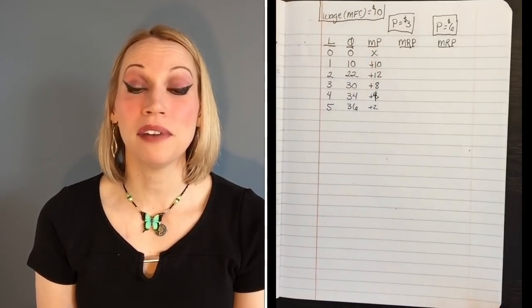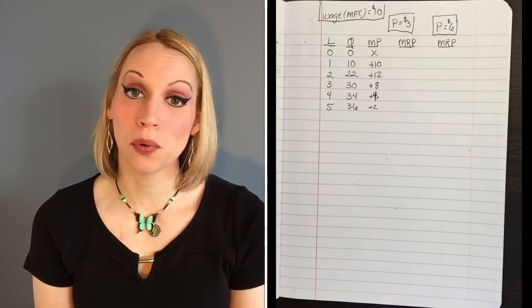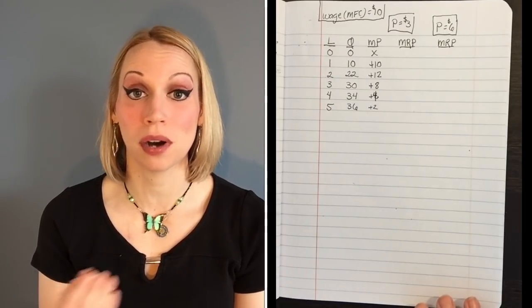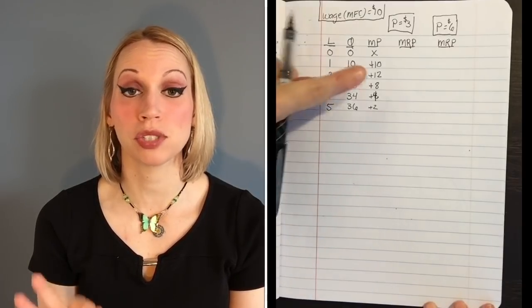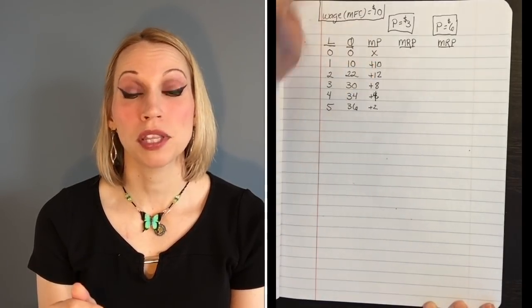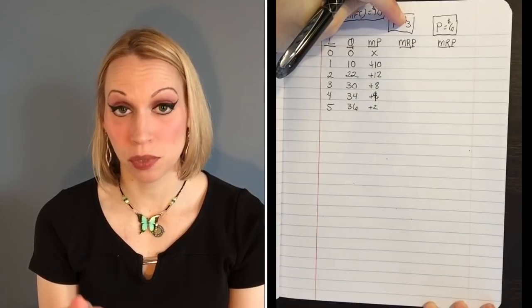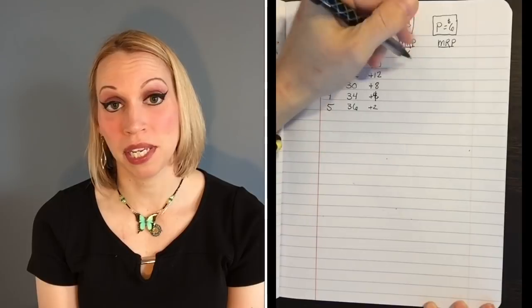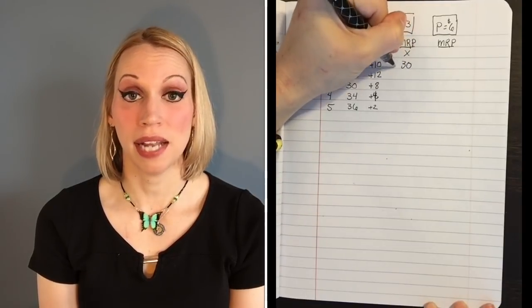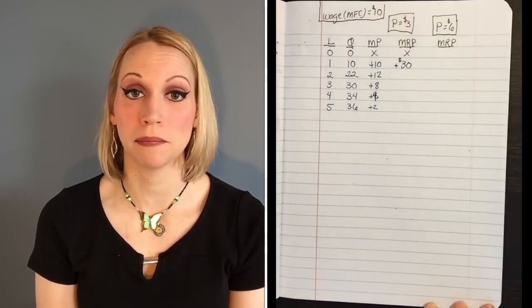Let's look at the value that each of these workers is contributing to our company's revenue. Our first worker made 10 bushels of strawberries. Now, when the price of strawberries was $3, that means that first worker was only bringing in $30 in extra revenue for our company.